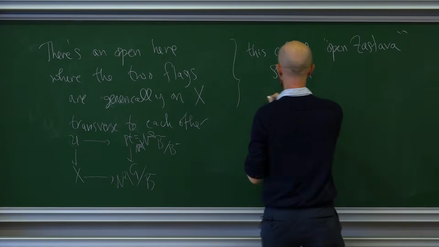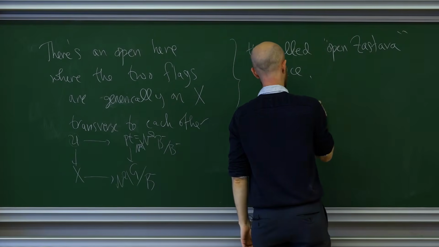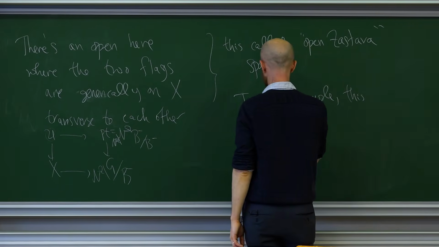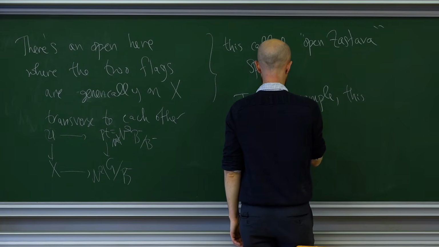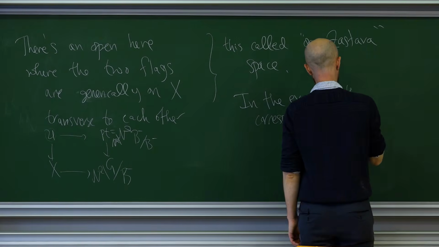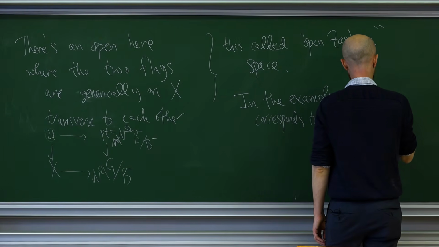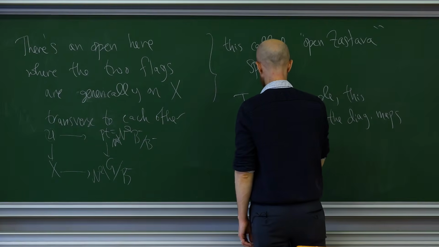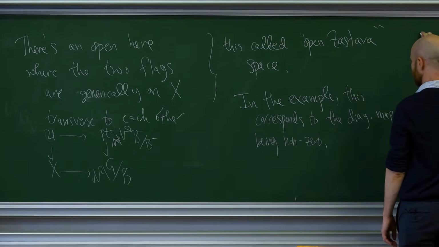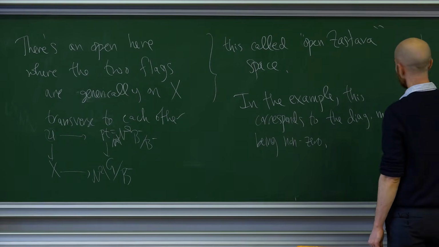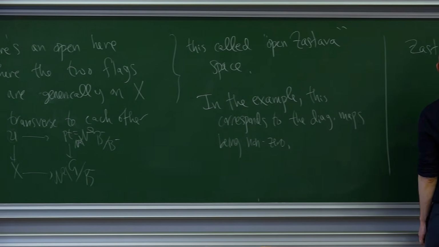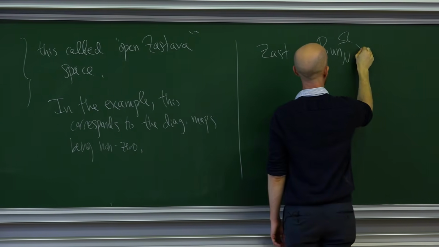So in the example, this corresponds to the diagonal maps being non-zero. That's this explicit open condition. And so you end up with this Zastava inside of this space.